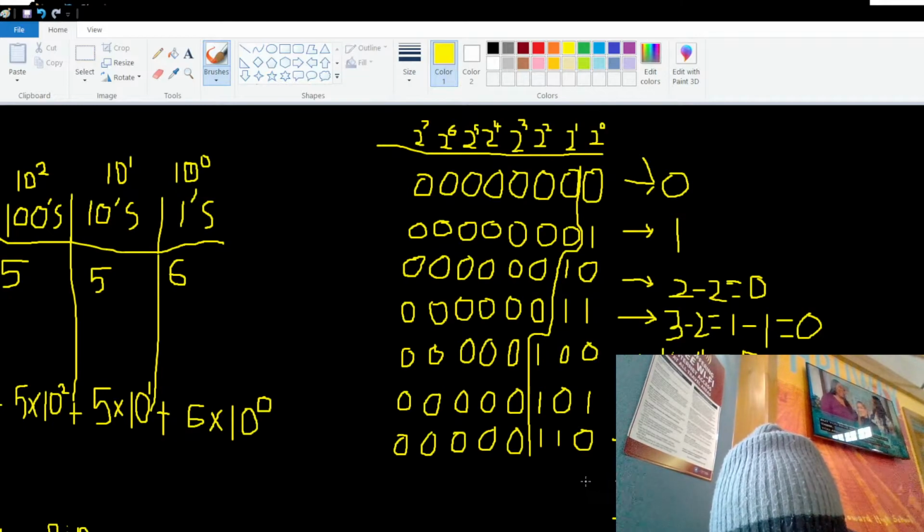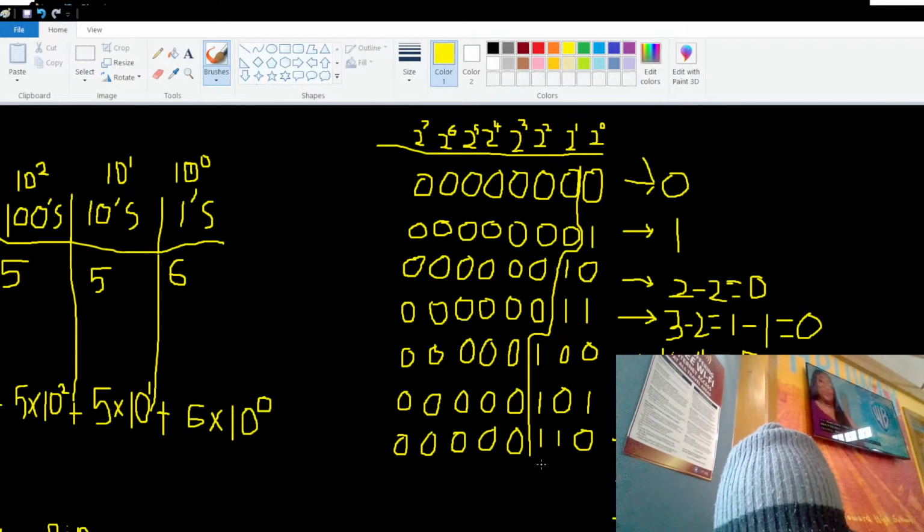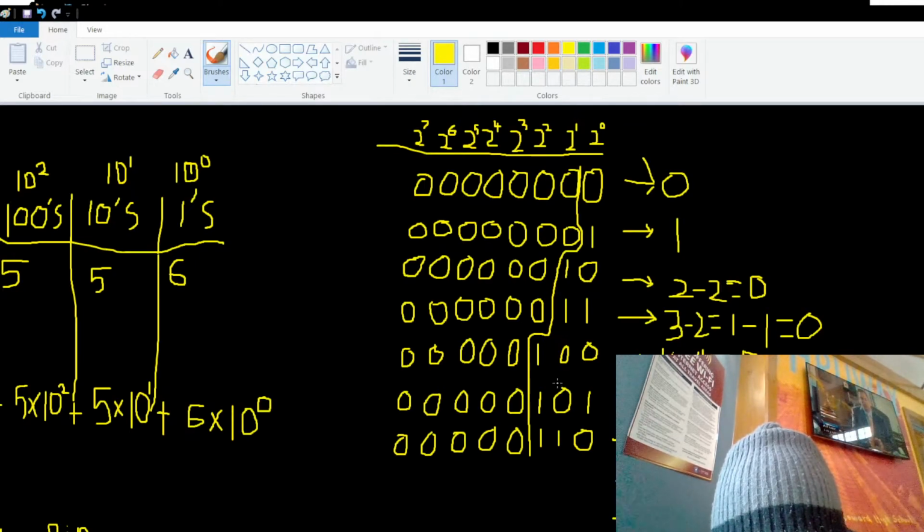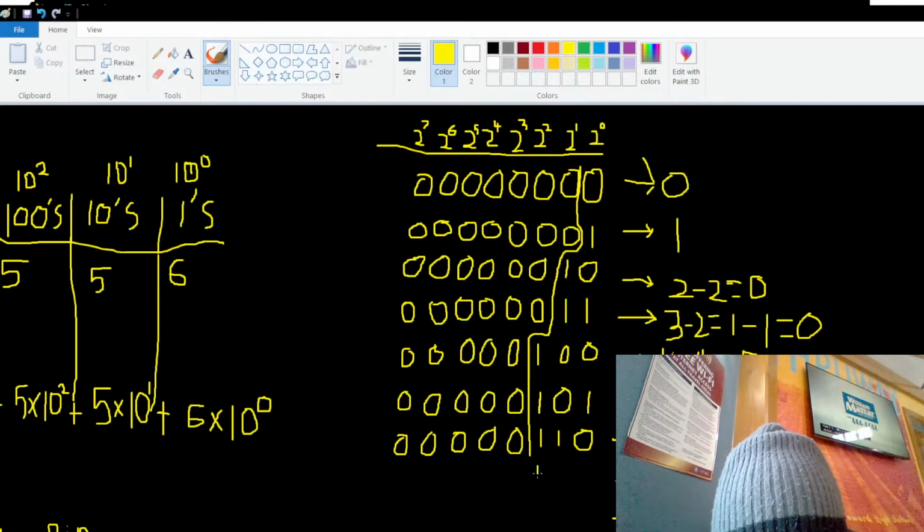So 7 is going to be 2 to the 4th. Just think about how this one goes from 1, 0, and then it's 1, 1. This is going to be 1, 1, 1. And what happened every time it got fully populated by 1s?